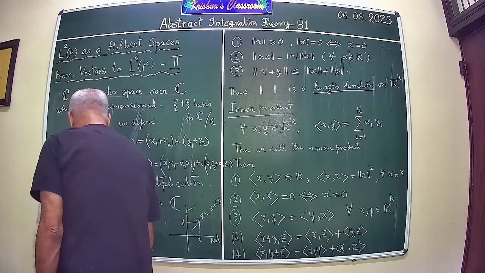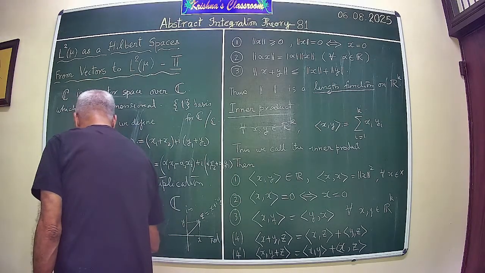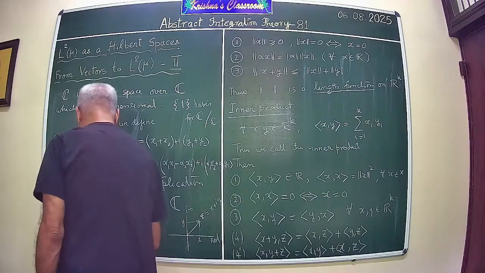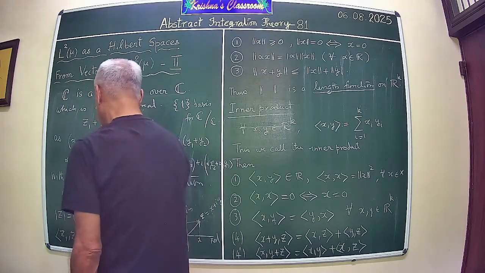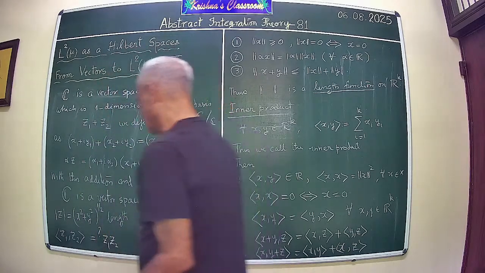So this is actually Z1 times Z2. This is questionable. Now, okay, this is my definition.